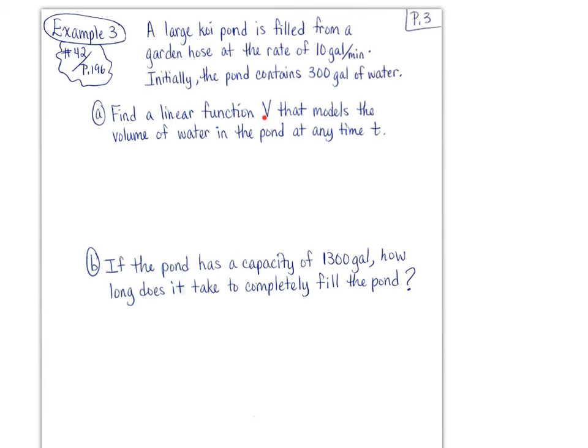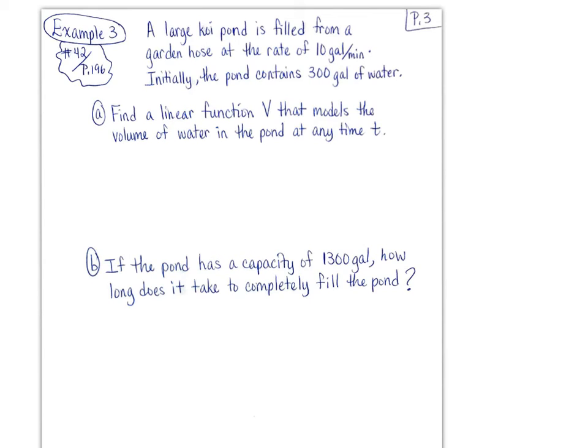Find a linear function v that models the volume of water in the pond at any time t. Would it be v equals 10x plus 300? But our variable isn't x. Would it then be 10v plus 300? Where's b coming from?